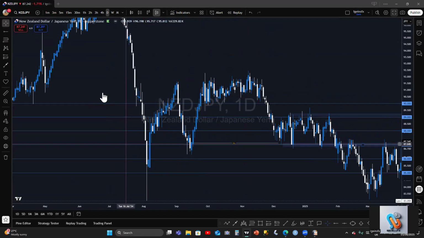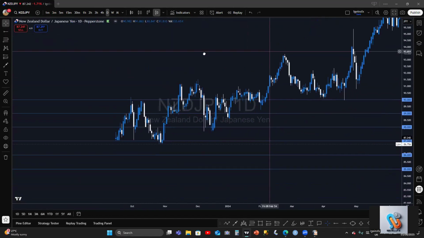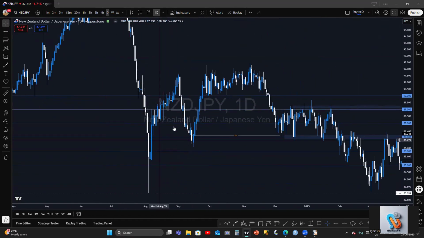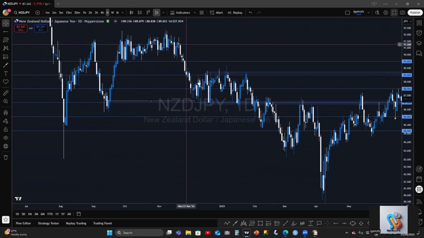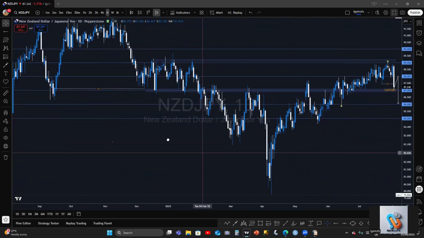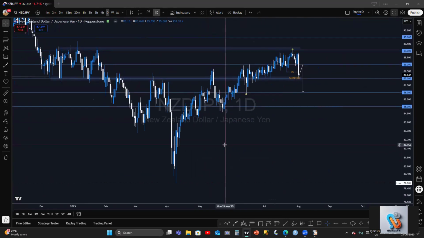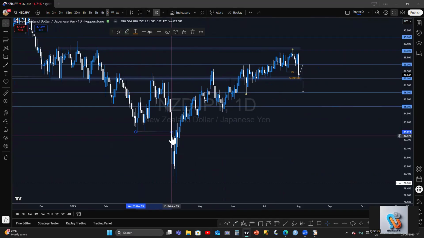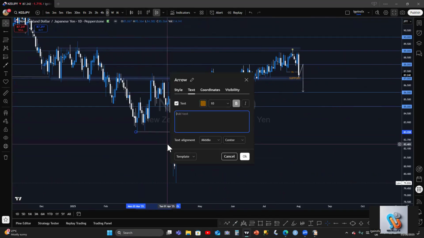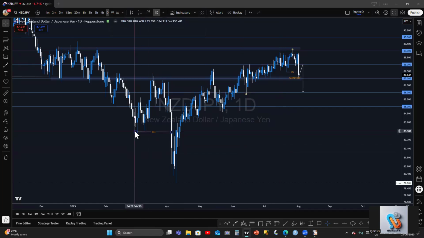The price was dropping like this. Then it made a move to the upside and started dropping to the downside. After this shift, it started breaking structure to the downside. Then this point here was the last break of structure to the downside.